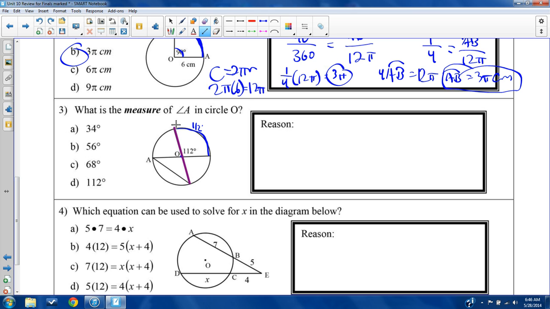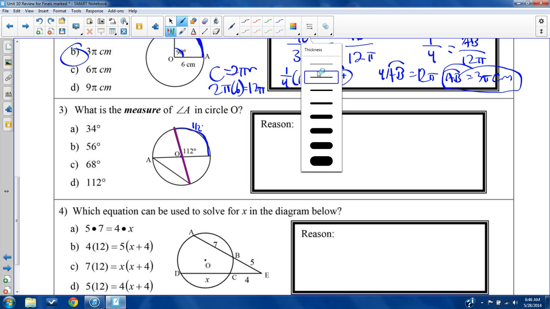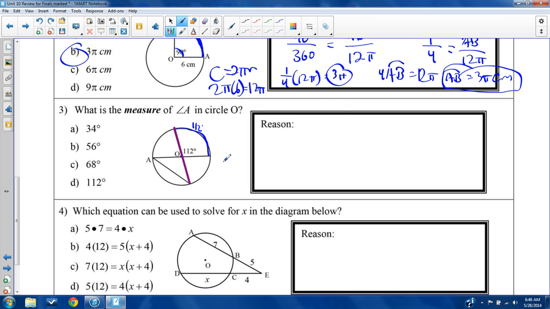Because this passes through the center, this must be a diameter. So this length plus this length equals 180. So the arc measure I'm looking for right here is going to be 180 minus 112. 180 minus 112 is 68. So this here is 68 degrees.